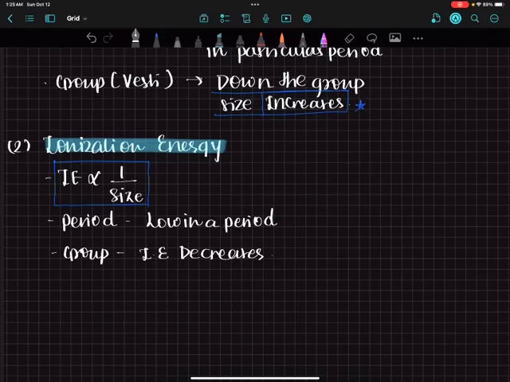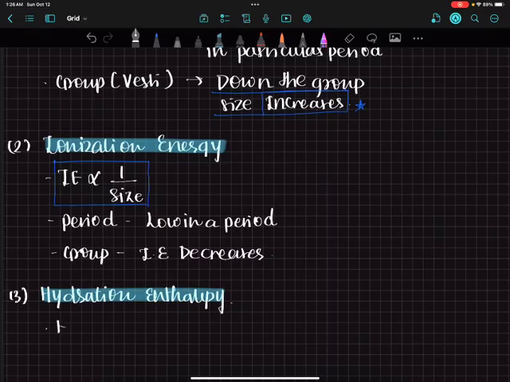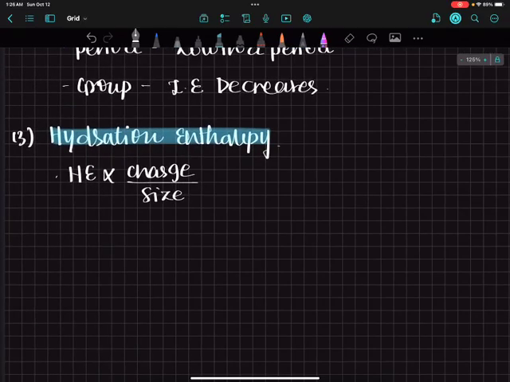Third is the hydration enthalpy. The relation is that hydration enthalpy is directly proportional to the charge to size ratio. That means it is inversely proportional to the size and directly proportional to the charge.